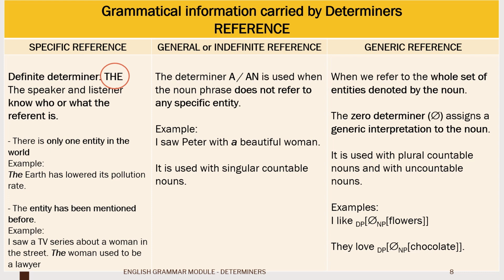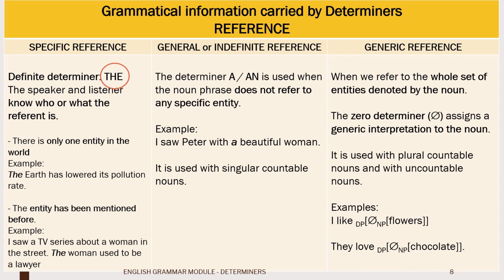The woman used to be a lawyer. In the second instance in which woman is mentioned, the definite determiner is used because that entity, woman, has already been mentioned before.